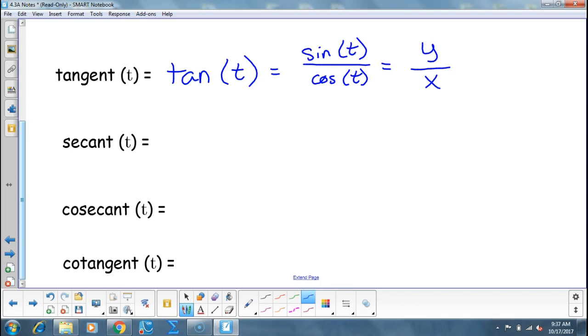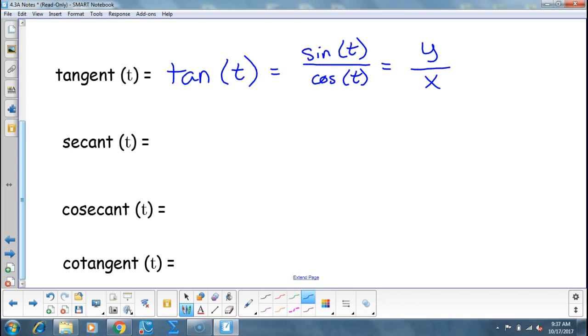Now, the rule in trig is that everything needs a co. With me? Everything needs a co. So tangent needs a co. That's why we have cotangent. Cosine already has the co, right?